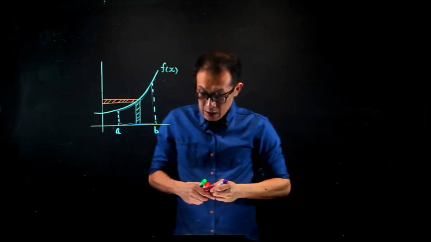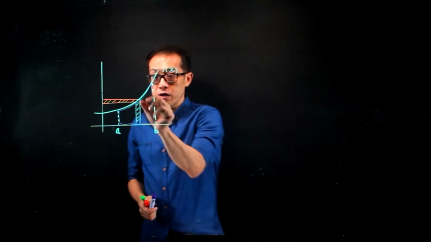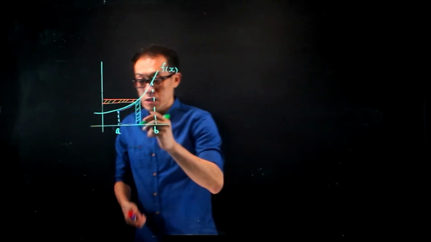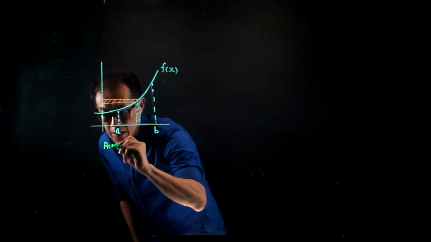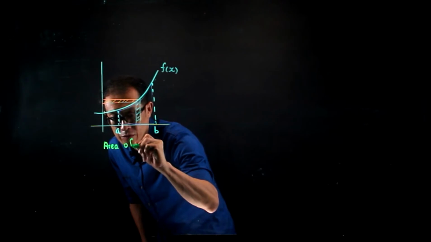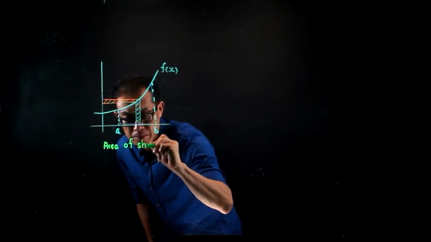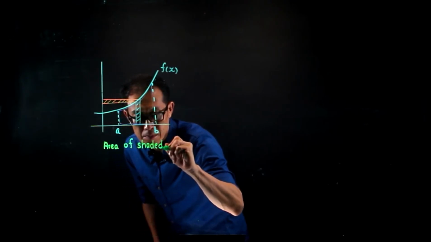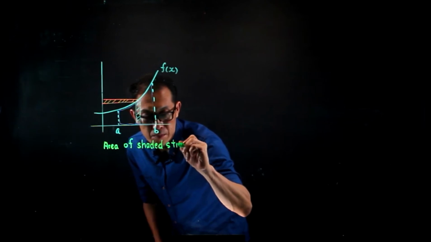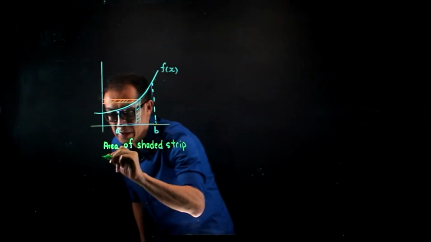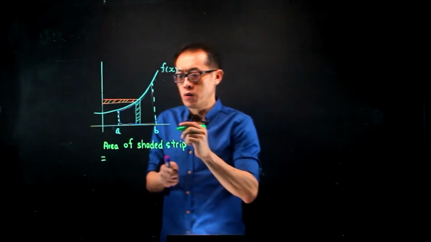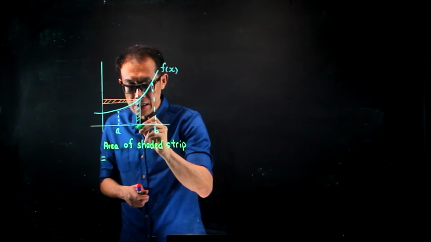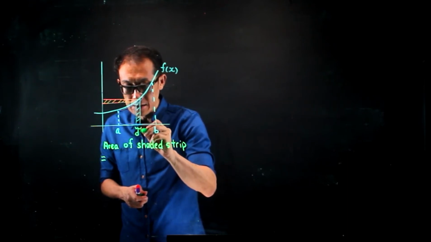Before that, let's find the area of one particular strip. The area of the shaded strip will be equal to, now let's say we cut this strip so small, and this distance here is dx.